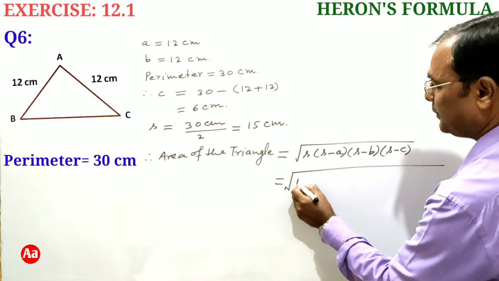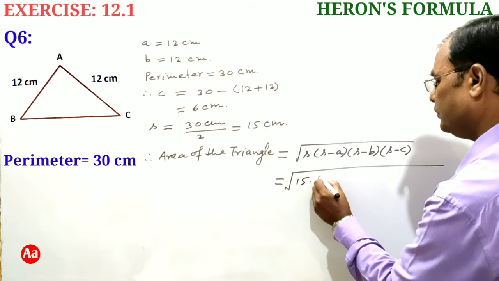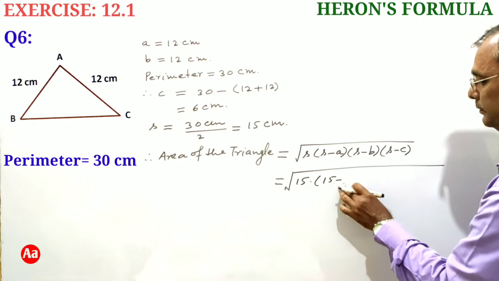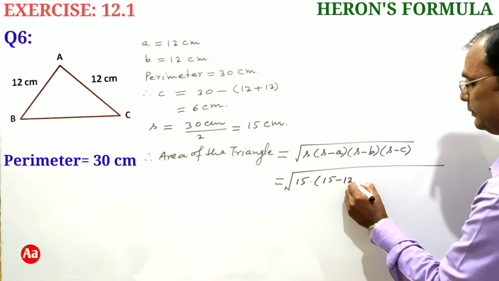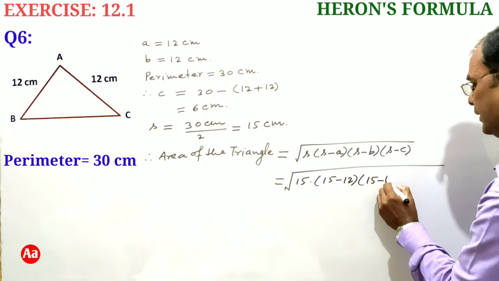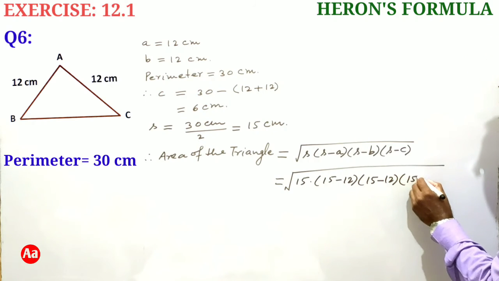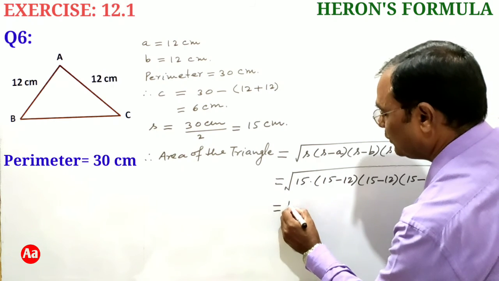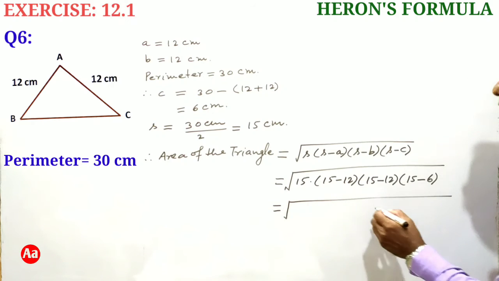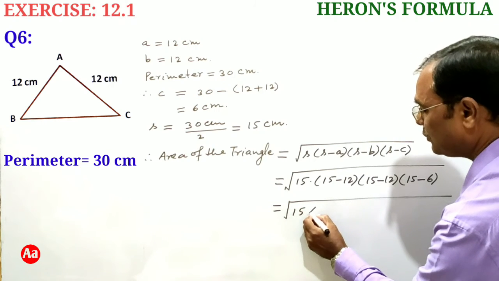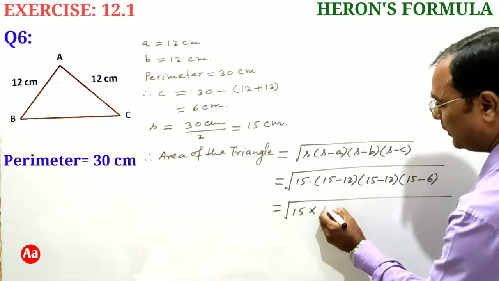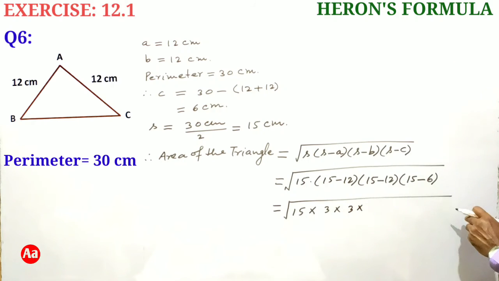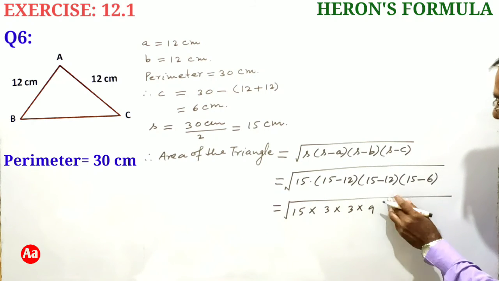So semi-perimeter 15 into 15 minus 12 into 15 minus 12 into 15 minus 6. This is equal to under root 15 into 15 minus 12, 3 into 15 minus 12, 3 into 15 minus 6, 9.